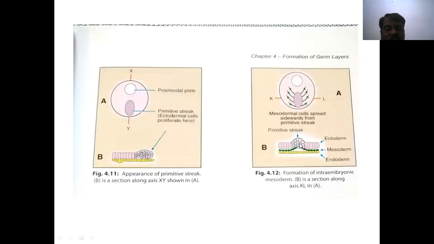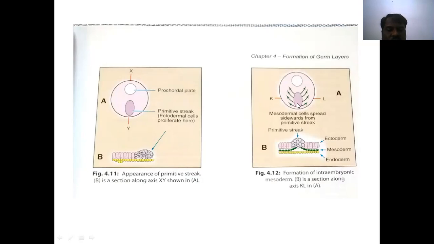From the primitive streak, specialized cells proliferate and push between the ectoderm and endoderm. That is the third layer, the mesoderm formation. So at this stage, we can identify the ectoderm, endoderm, and mesoderm. These all develop from the inner cell mass only.